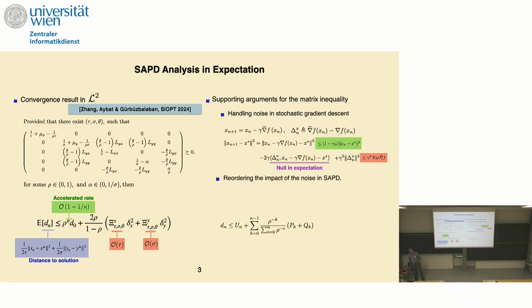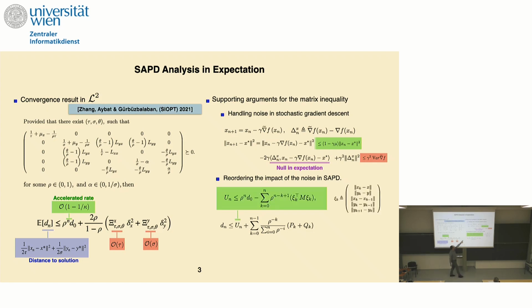So for the min-max setting, it's actually almost the same. You have a deterministic term that bounds your performance. And it turns out that that deterministic term will be controlled if you have a matrix inequality holding, which means that your Lyapunov function is contracting. And then there's a deterministic part that you can control, and there'll be some noisy parts that you have to somehow kill by taking expectations.